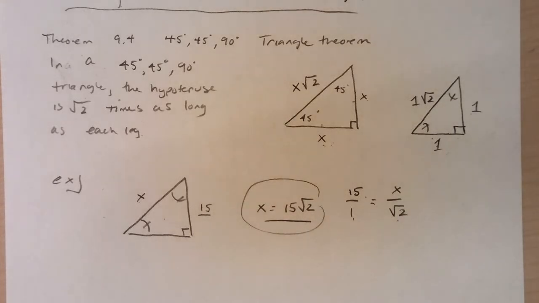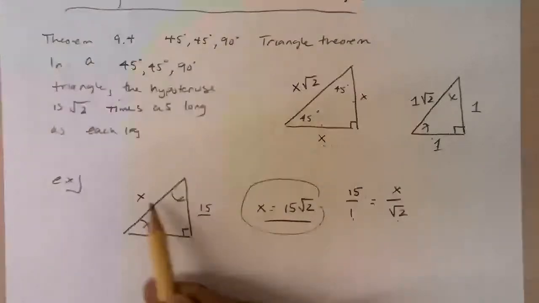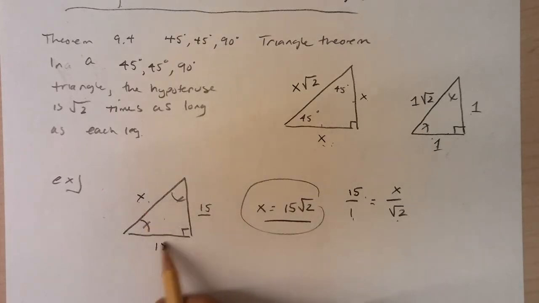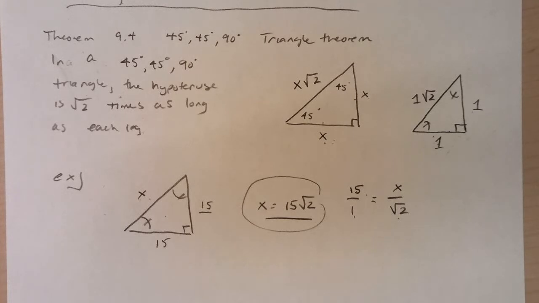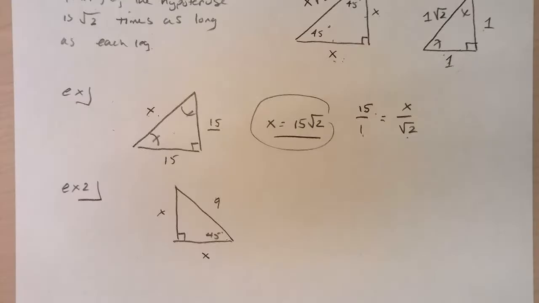So in my opinion, when you're finding missing side lengths of a 45-45-90 triangle, it's easiest if you're given one of the legs or even both of the legs. Even though we only wanted to find x here, this side would be 15. Then to find the hypotenuse, you multiply by the square root of 2. It's actually not that much more difficult if you're given the hypotenuse.